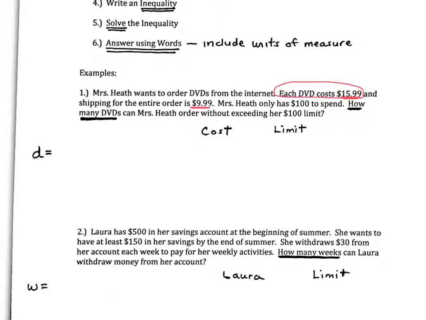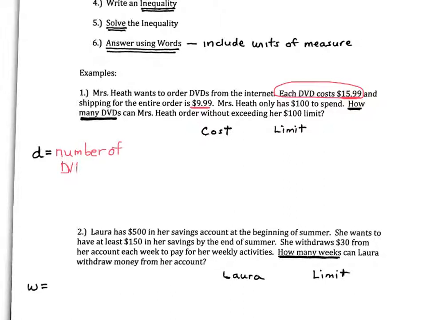Now apparently Mrs. Heath only has $100 to spend. So the question is, how many DVDs can Mrs. Heath order without exceeding her $100 limit? I underlined the question, how many DVDs? So I'm going to use the letter D for the number of DVDs. I don't know how many DVDs I can buy.